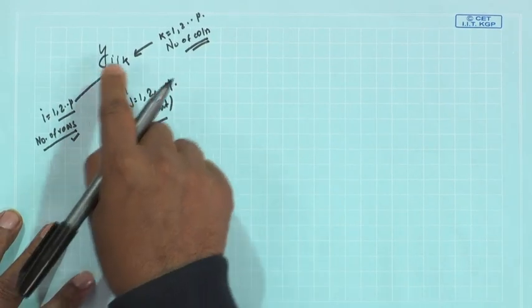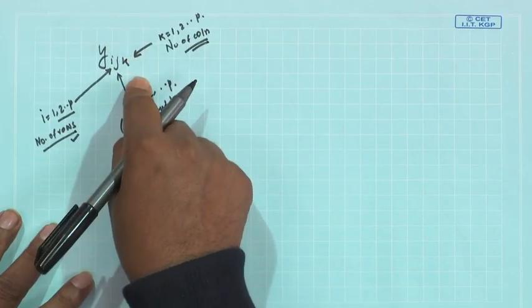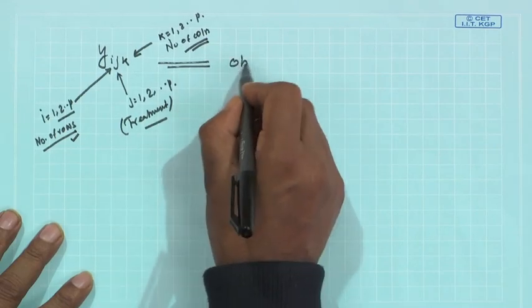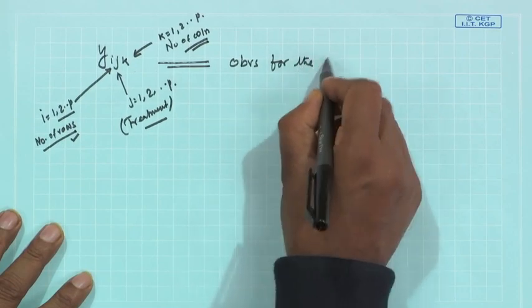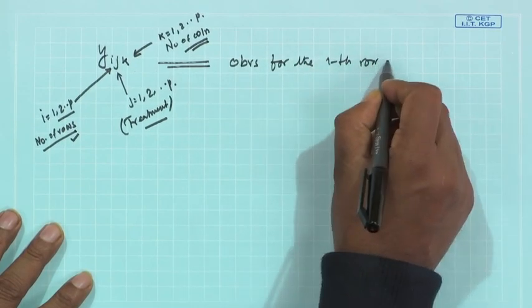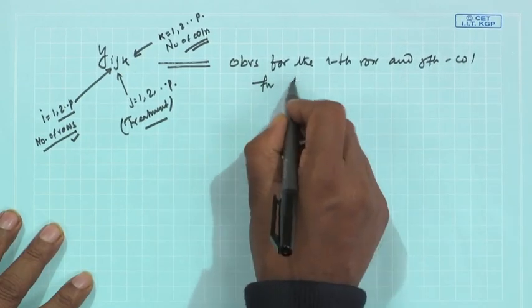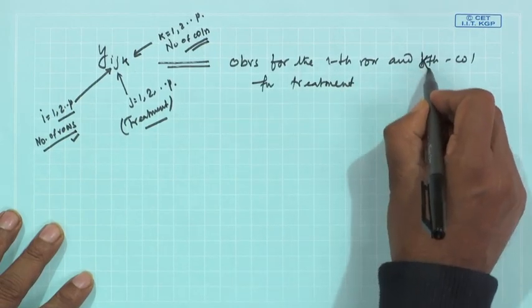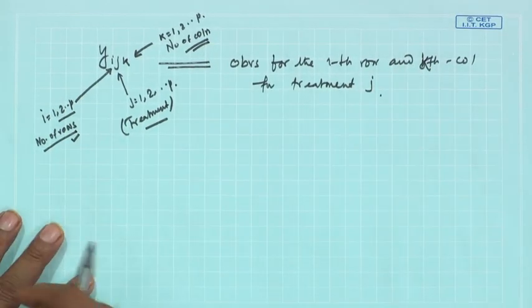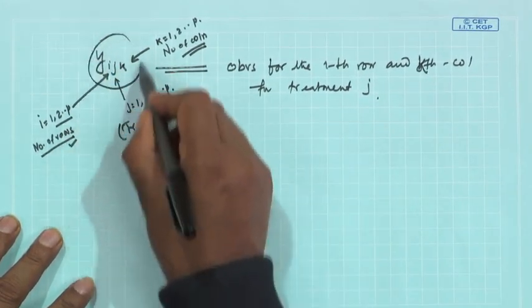So, then what is y i j k? Observation on the ith row and kth column for the jth treatment. That is your general observation y i j k.